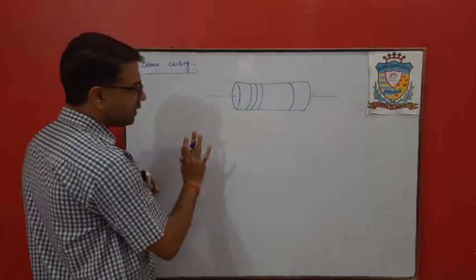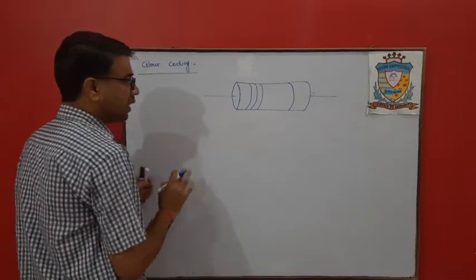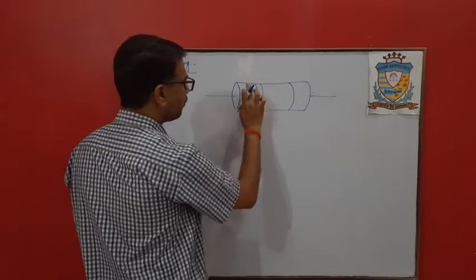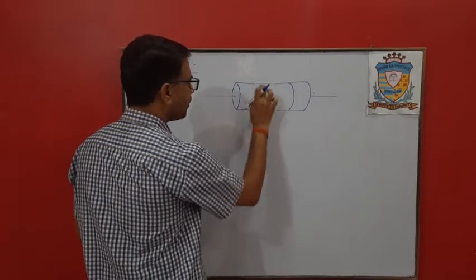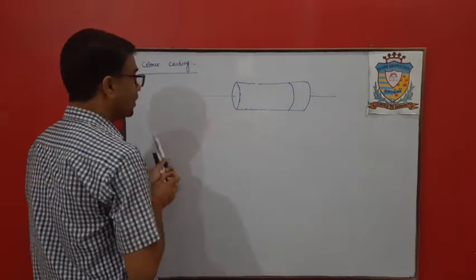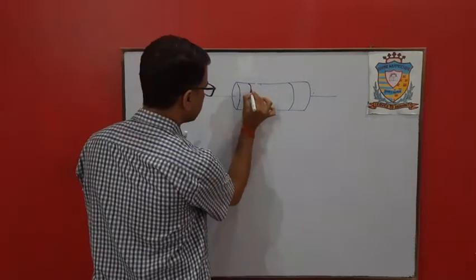So this is the basic diagram of a carbon resistor, in which you will get, sorry, if I make it with another one like this.